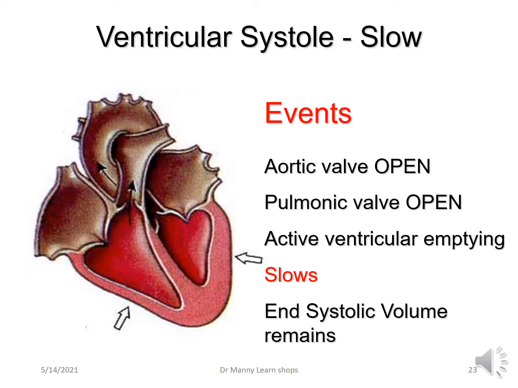You've still got active ventricular emptying, but it's a little bit slower. And whatever remains in the ventricles at the end of this phase is referred to as the end systolic volume, because the heart isn't ever empty of blood, it still has blood in it. I mean, if it was empty, it would be full of air, and that would result in a problem.